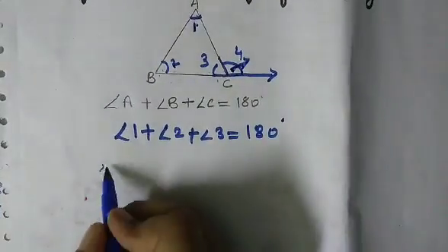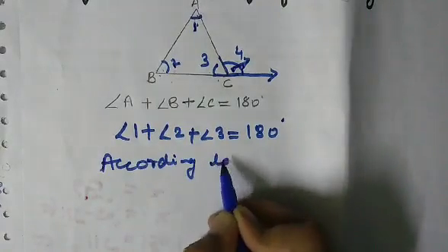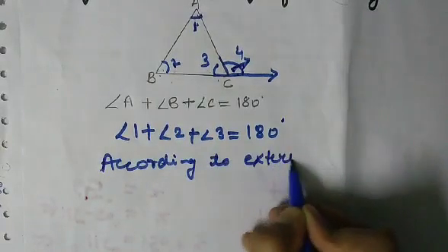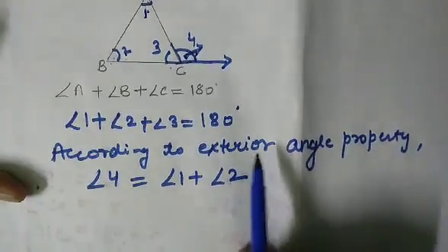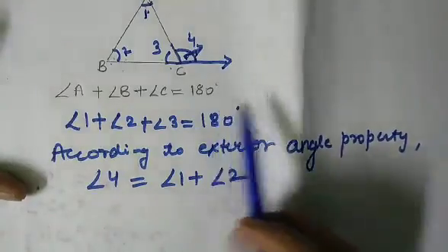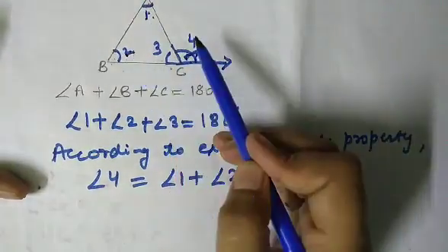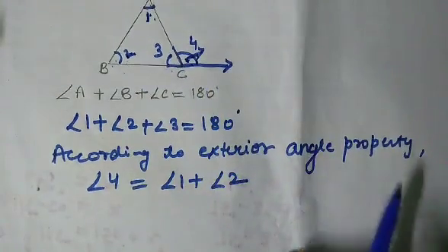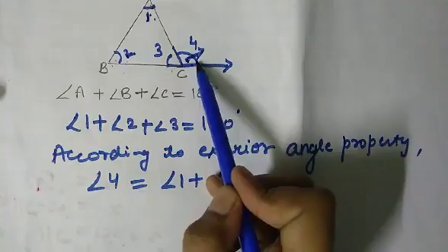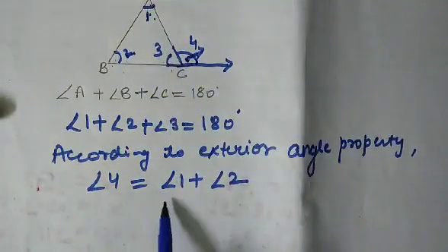So according to exterior angle property, we can say that angle 4 is equal to angle 1 plus angle 2. We have learned in lecture number 1 that this exterior angle is equal to sum of opposite two interior angles. So same I have written.